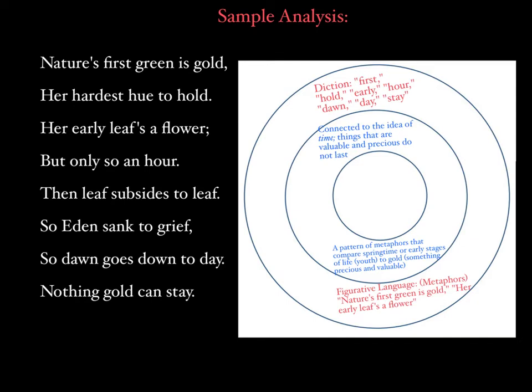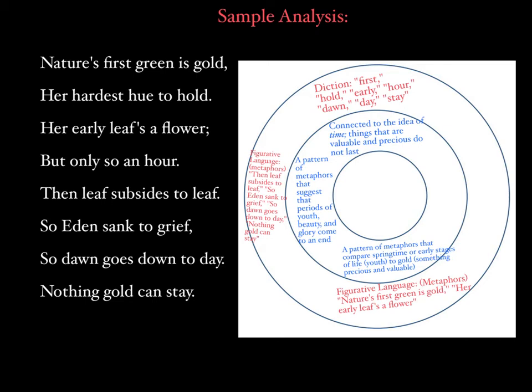I've addressed figurative language, some metaphors. The two at the beginning: nature's first green is gold, and her early leaf's a flower. And I've indicated in the center ring or middle ring that these are a pattern of metaphors that compare springtime or early stages of life, such as youth, to gold, which is something precious and valuable.